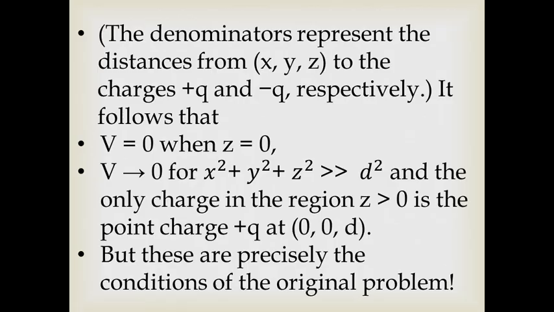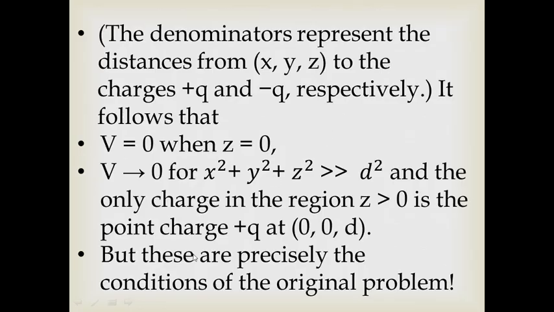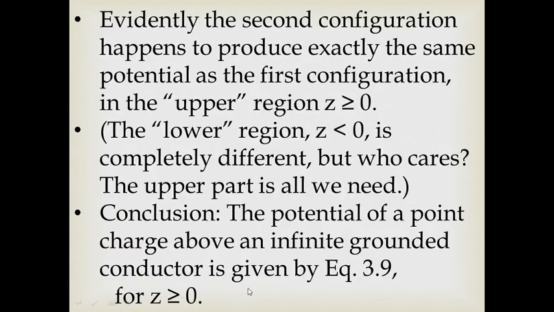And in that region of interest, there is only a point charge q at 0, 0, d. But these are precisely the same conditions as our original problem, and hence evidently the second configuration happens to produce exactly the same potential as the first configuration in the upper region, z greater than or equal to 0.